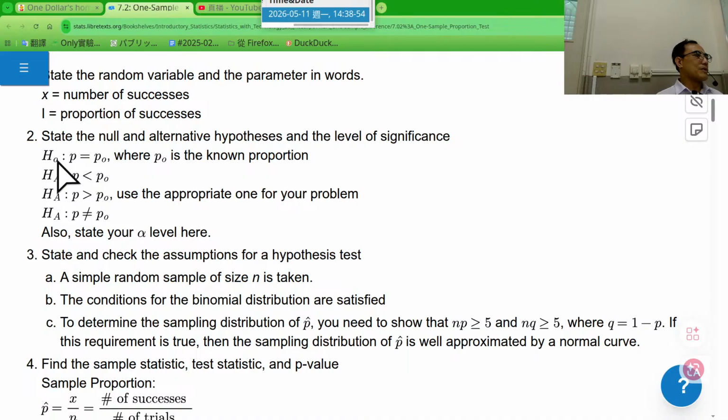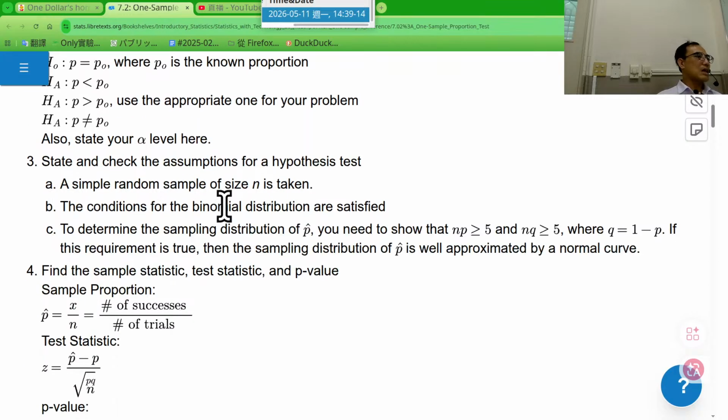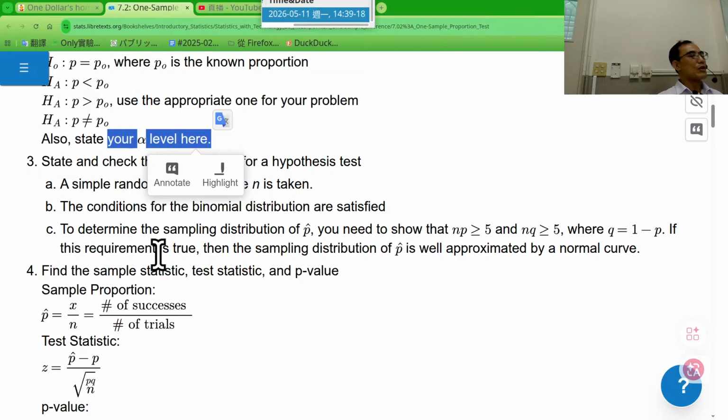H0: proportion p equals p0, where p is the unknown proportion, and the alternative hypothesis is p is smaller than p0, or p is greater than p0, or p is not equal to p0. Also, state your alpha level. Generally it should be 0.05, which means 5%.